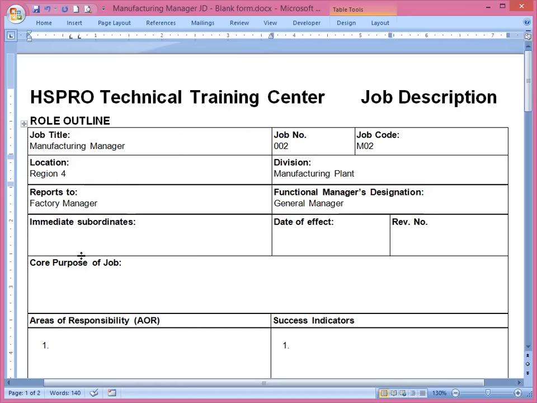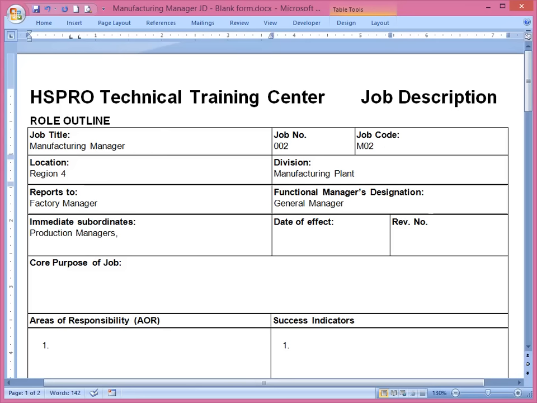Okay, let's see who his subordinates are. We can say production managers are his subordinates. Several managers will be reporting to him because in a manufacturing plant you have lots of production lines, and each line or each area is handled by one production manager.